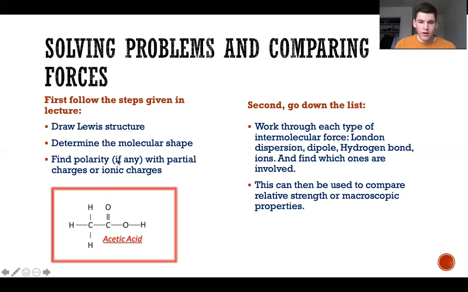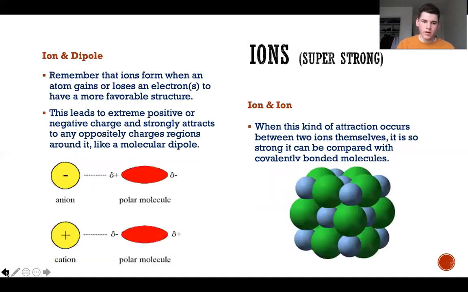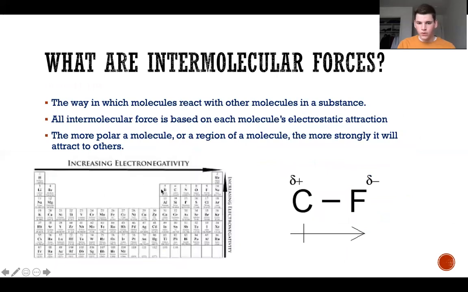you find your polarity, if any, with your partial charges or ionic charges, if you know about that. And so you'd go through each bond and determine what the polarities are. So remember, to do that, you keep in mind your electronegativity and your periodic table.